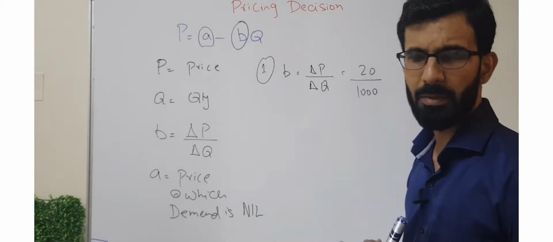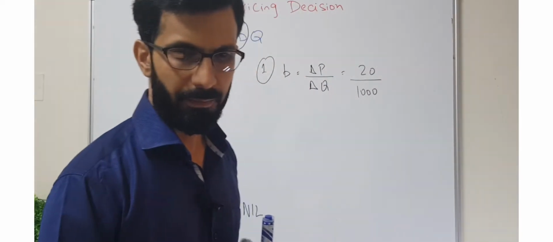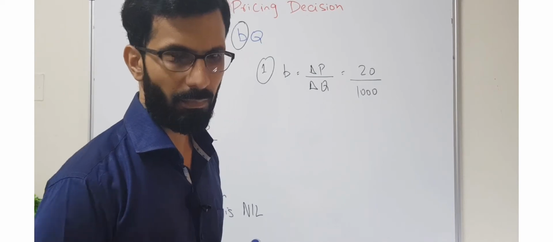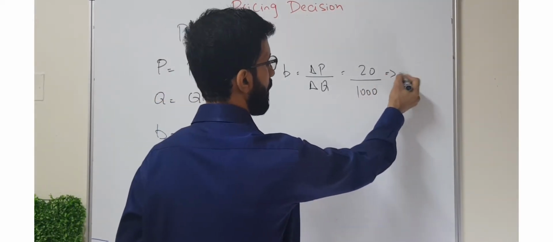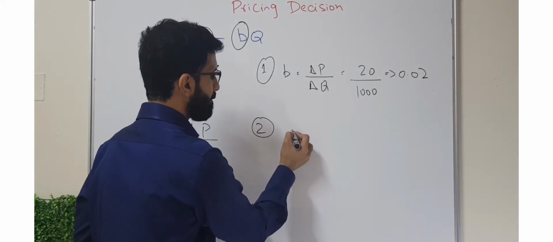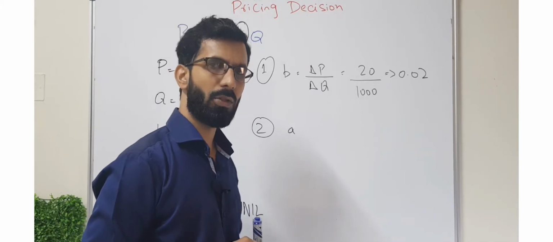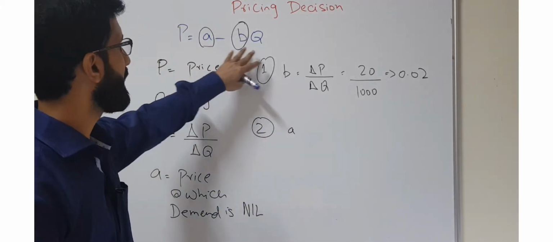So this will help us to determine B, which will turn out to be 0.02, and then we will determine A, as in the price at which demand will be 0. We can find out A by rearranging this equation.